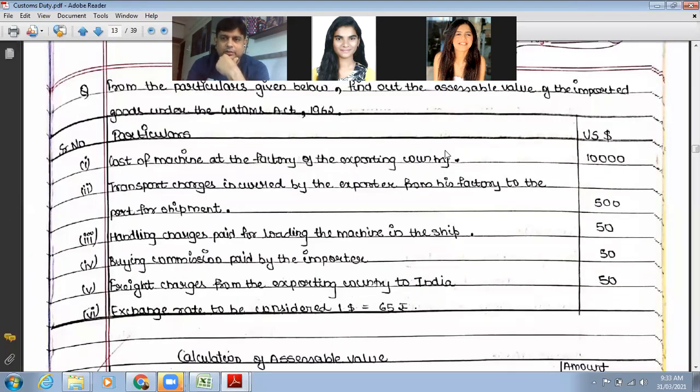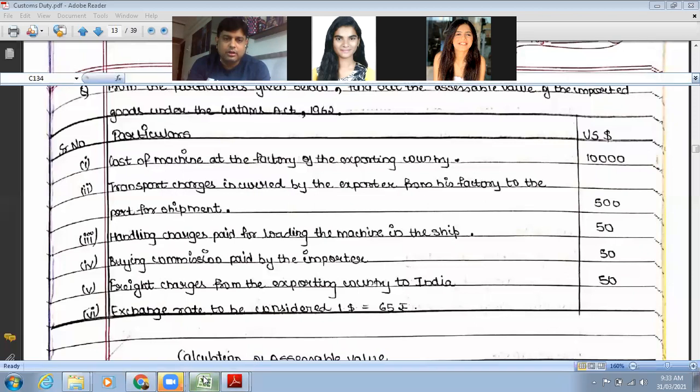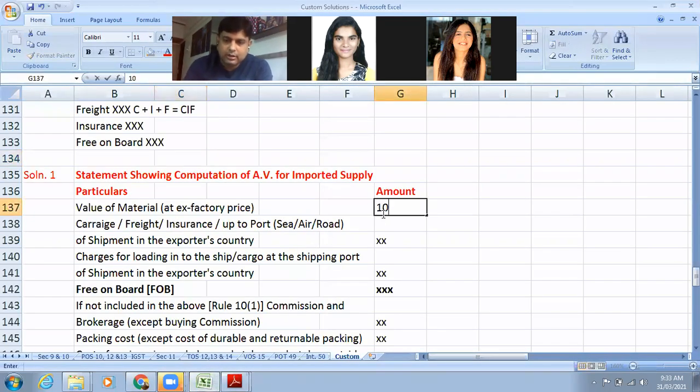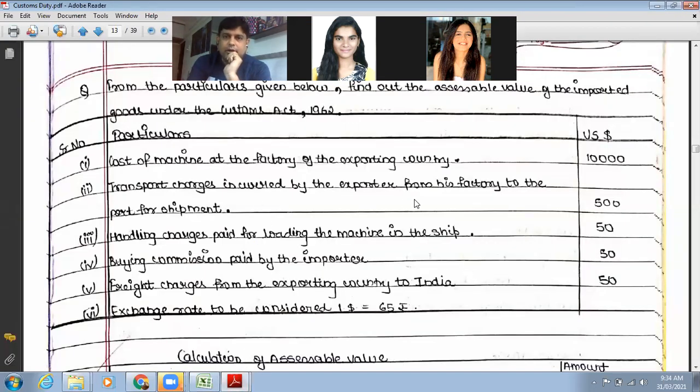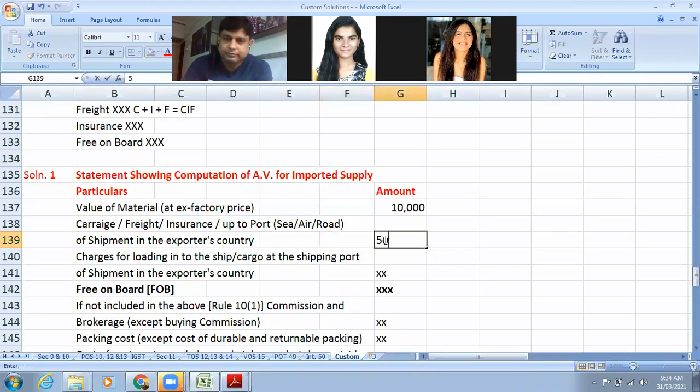So here it is given: ex-factory price in the country as $10,000. Carriage and freight from his factory to port for shipment is given as $500. This is all in dollars. 65 is given as the exchange rate.